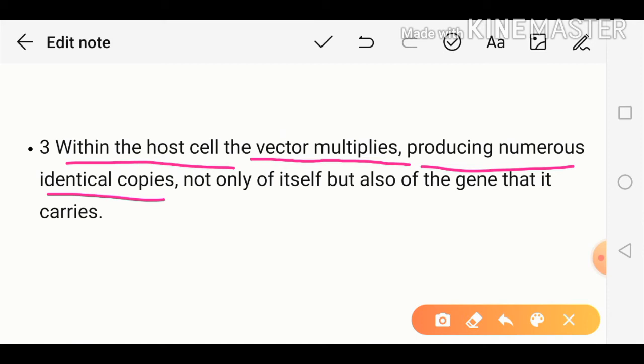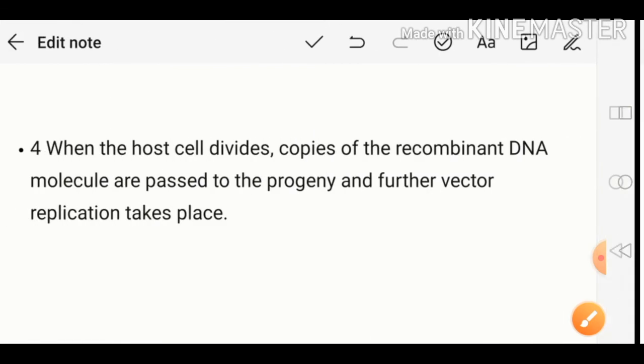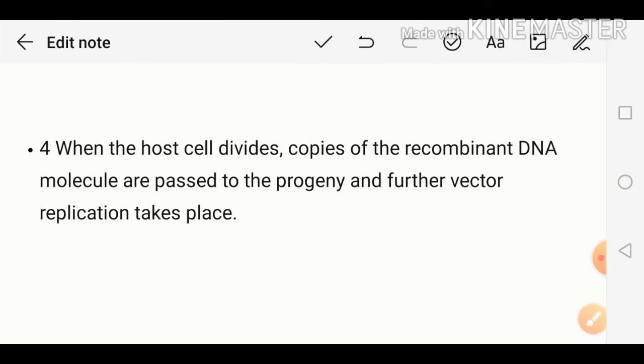They use the replicative machinery of the bacterium or host cell, and then they multiply. So the vector and cloned molecule not only multiply themselves but also multiply the gene or desired DNA which they carry.